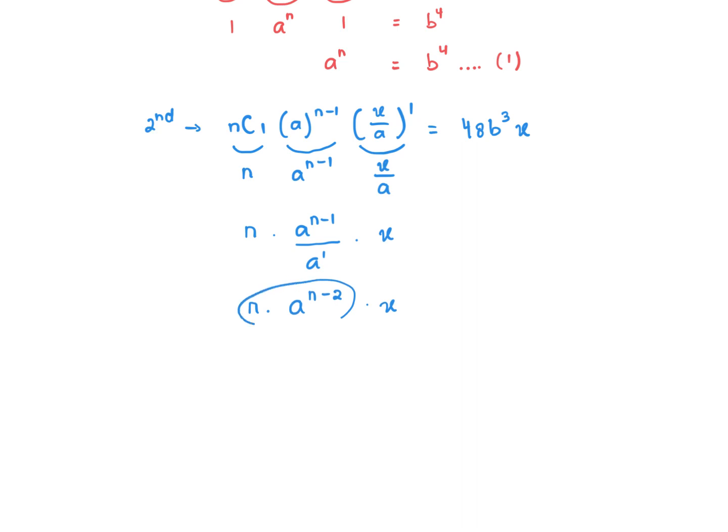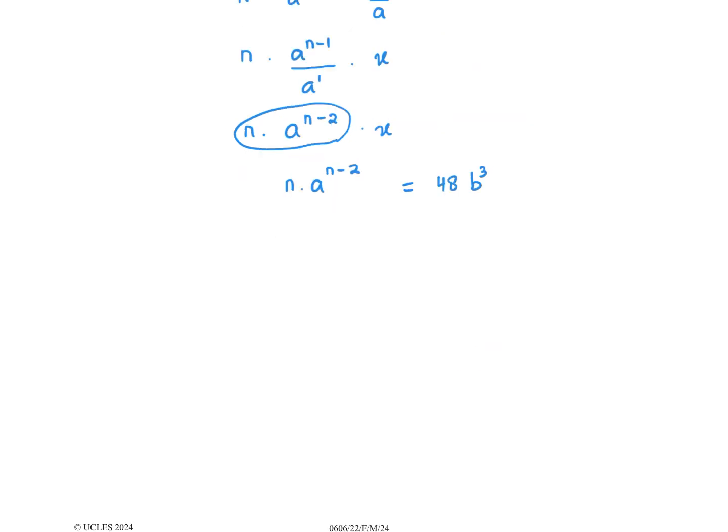And this coefficient of x is equal to 48b to the powers of 3. So n times a to the powers of n minus 2 is equal to 48b to the powers of 3. Divide both sides by n. a to the powers of n minus 2 is equal to 48 over n, b to the powers of 3.